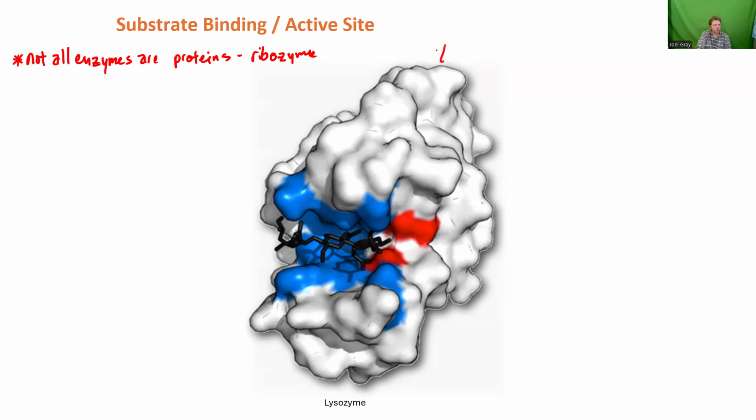Now, this whole molecule here is the enzyme known as lysozyme. Lysozyme is a specific enzyme, and what it does is cut polysaccharides of bacterial cell walls.